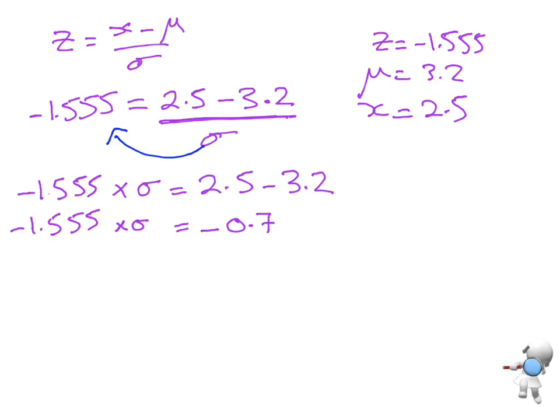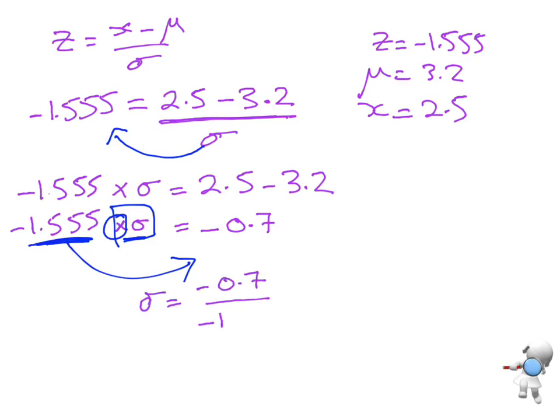Now I want to get the standard deviation by itself, because that's what I'm trying to solve. So it means I want to get rid of this negative 1.555. So I want to take that to the other side. Now the opposite of multiplying is dividing. So now I'm going to do standard deviation equals negative 0.7 divided by negative 1.555.